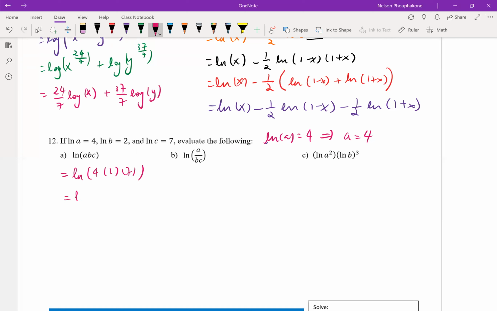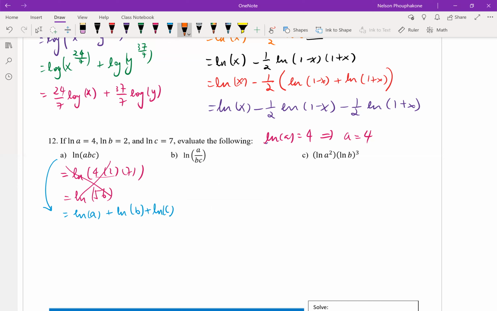And then they write down natural log of 8 times 7, 56. Okay, then they have this answer. Now remember, this is not correct. Okay, now the correct way to do this type of problem is this. First, we write this into natural log of A plus natural log of B plus natural log of C. Okay.